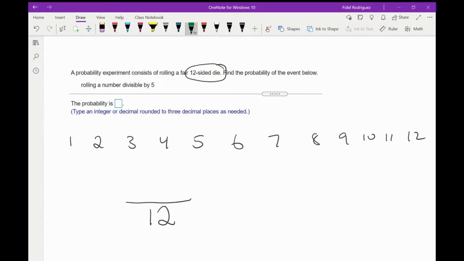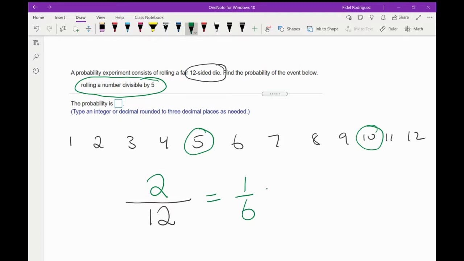Now, the question is asking, what's the probability that when we roll this 12-sided die, it lands on a number that you can divide by 5? The first thing I'm going to do is say, out of those 12 numbers, how many of them can I divide by 5? Just those two numbers, right? Those are the only numbers you can actually divide by 5. So we have 2 over 12, which is 1 over 6.